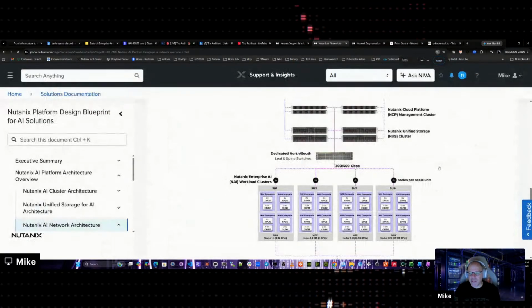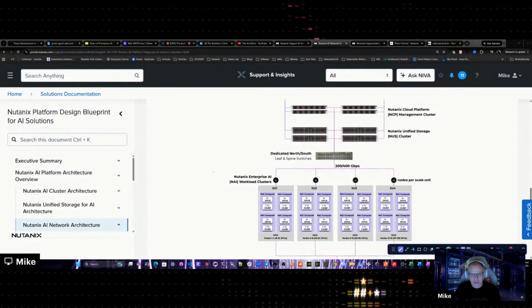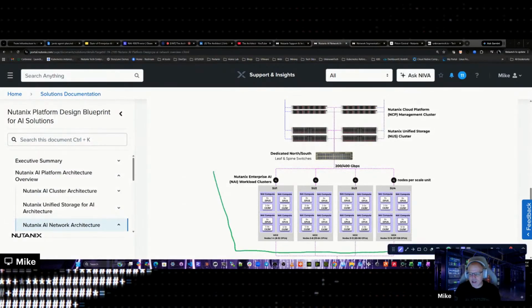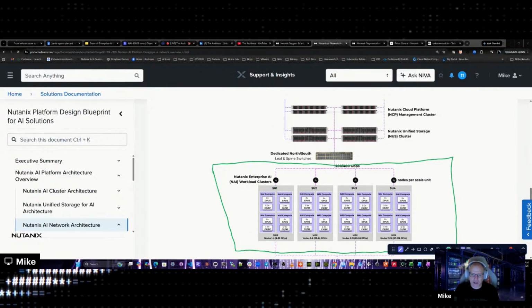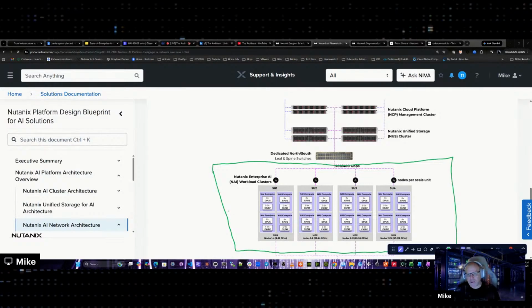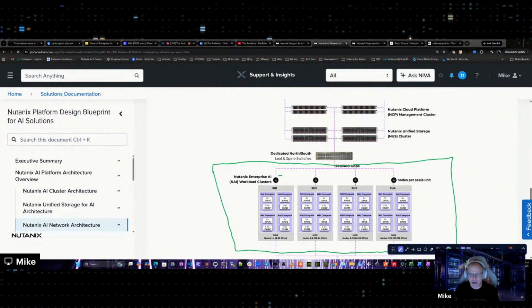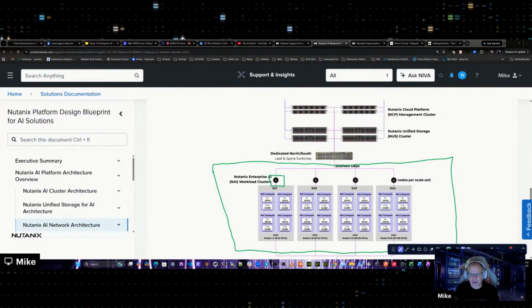Within this, you can see here you have your GPU scalable units. Remember, we talked about scalable units two weeks ago, during the session when we reviewed this. The scalable units are really around the GPU servers, the accelerated compute, and what we do with scalable units is scale by blocks of 4.